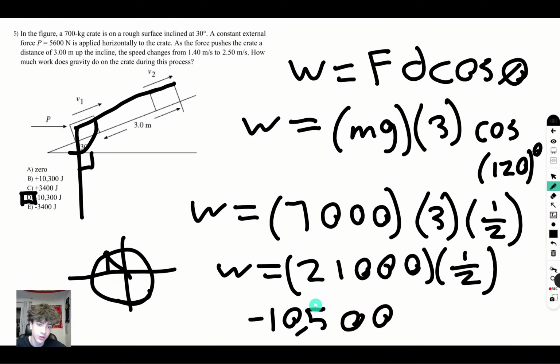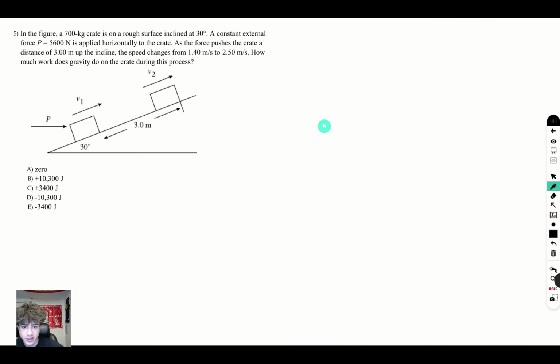And the reason that there is a negative here, you might be wondering how work can be negative. So if we take a look here, the block, when we consider its vertical movement, yes, it's moving to the right, but it's also moving upwards. And this is going to be our displacement.